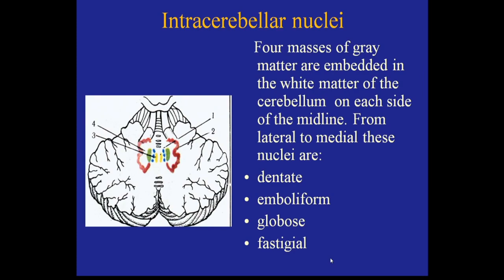In Latin, nucleus dentatus, nucleus emboliformis, nucleus globosus, and nucleus fastigii. The dentate nucleus has a very important role compared with the other nuclei, because all descending pathways start from the nucleus dentatus. On this picture, this nucleus has a red color.